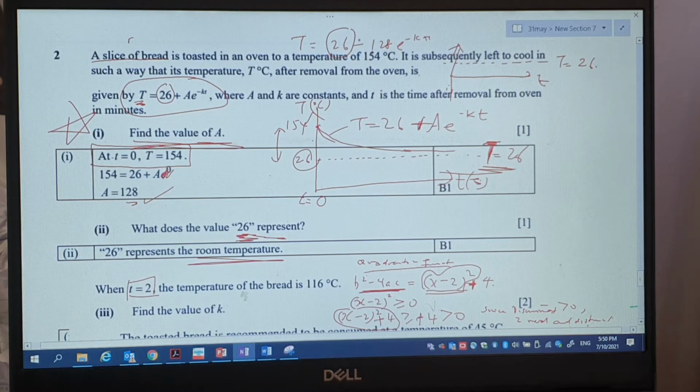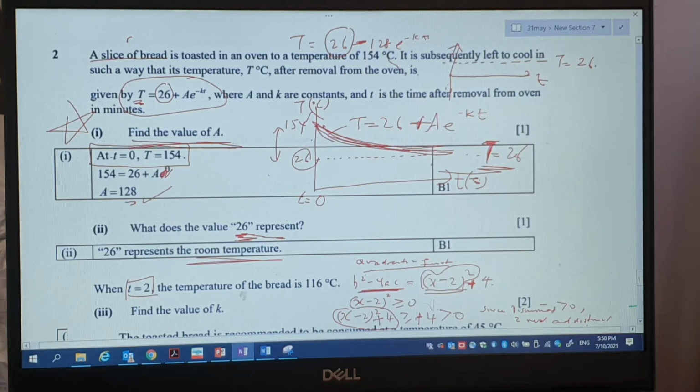Then this minus 128, how do you draw this part? I don't know whether you remember or not, when you have a minus here, you flip this graph. I'm just trying to emphasize the graph.